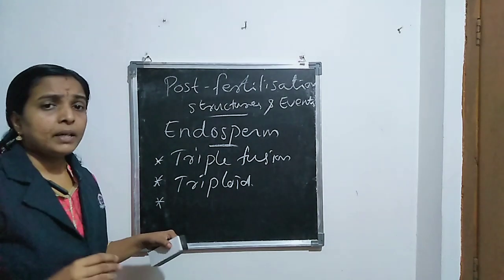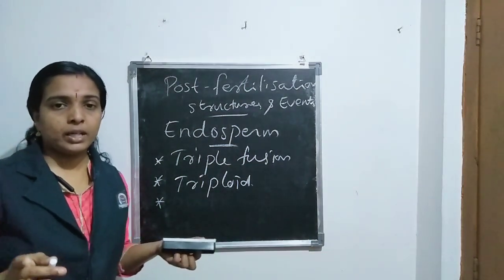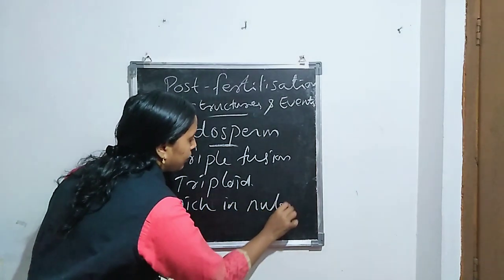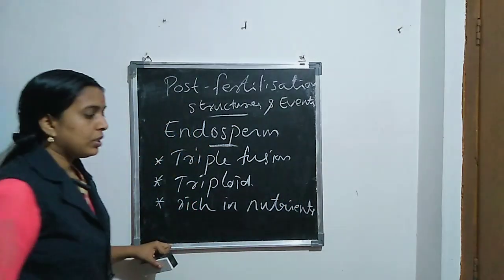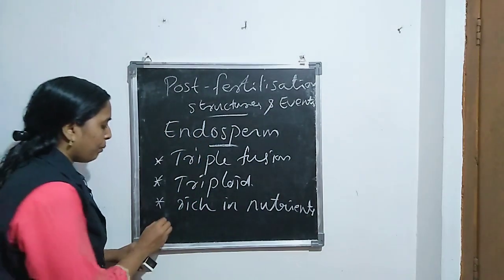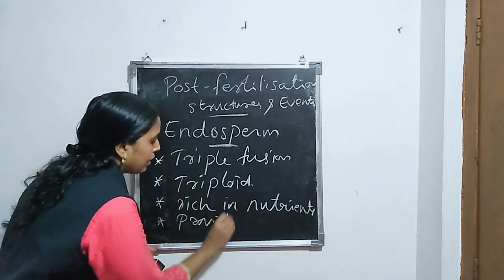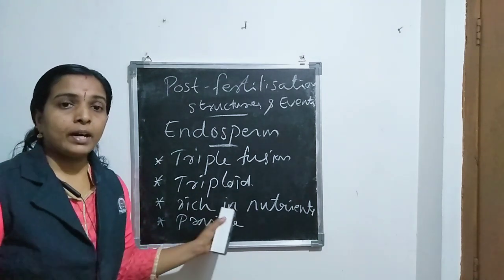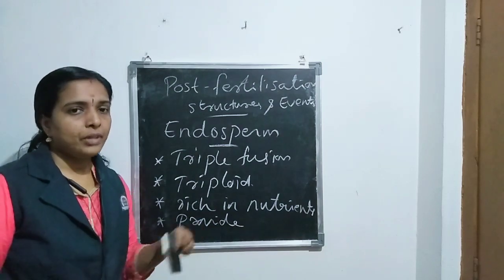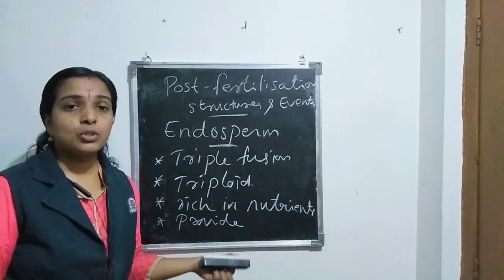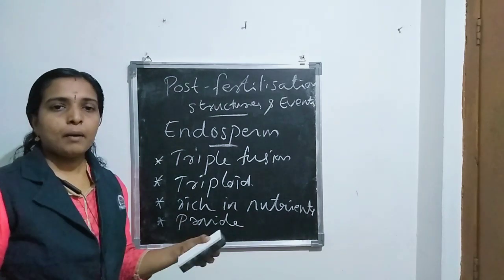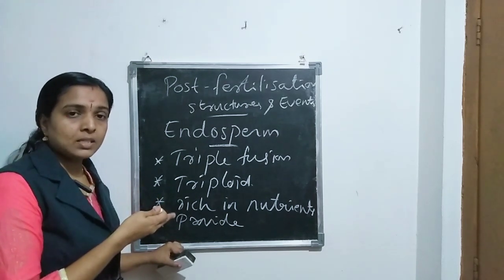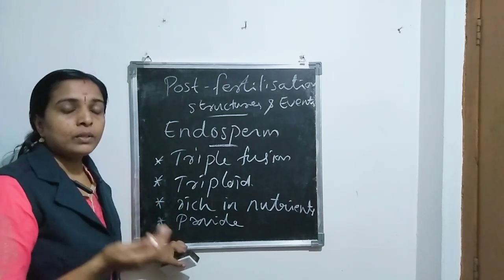Endosperm is rich in nutrients. Then the function of the endosperm: it is rich in nutrients, so endosperm provides nourishment to the developing embryo.